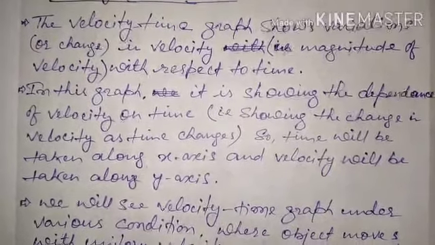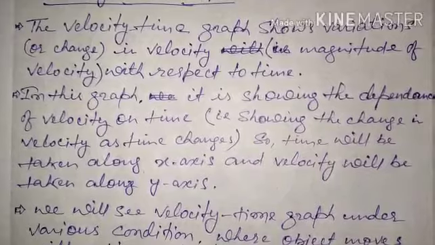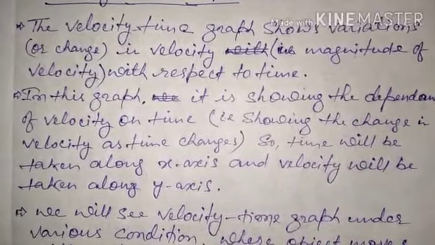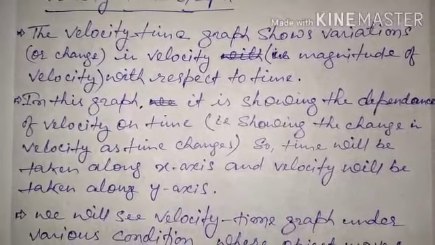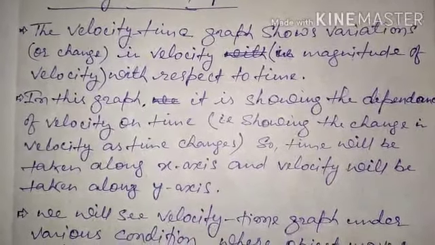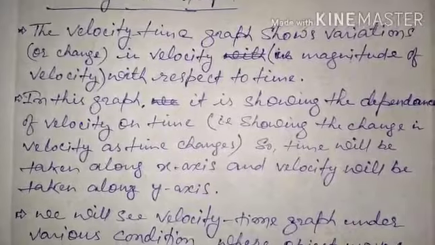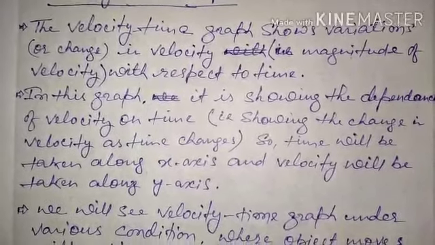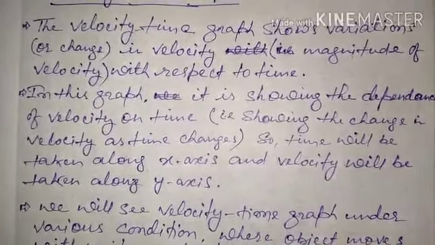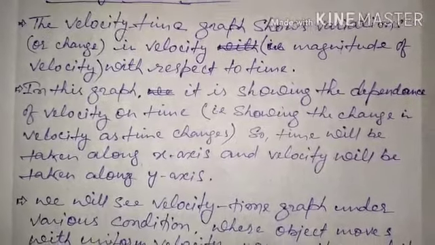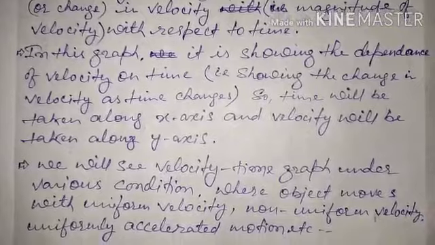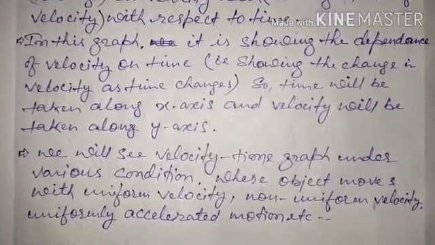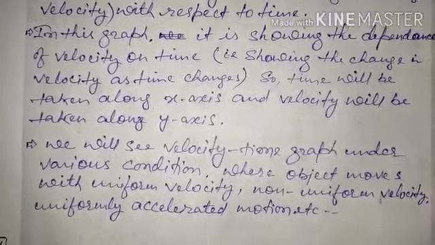The velocity time graph shows the variations or change in the magnitude of velocity with respect to time. This is quite easy. You are going to observe whatever changes occur in the velocity of an object during the passage of time.